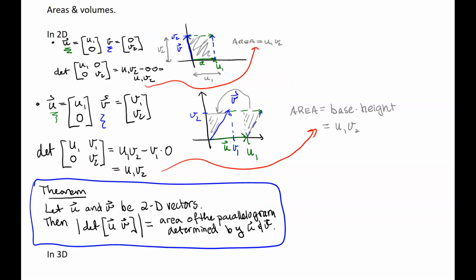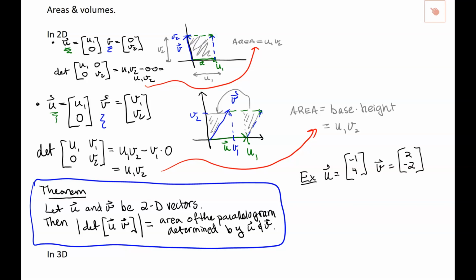And here it is. The theorem says that if we have 2 vectors in 2 dimensions and we consider them to be defining the sides of a parallelogram, then the area of that parallelogram is going to be the absolute value of the determinant of the matrix that has as its columns those 2 vectors. Let's see an example. So we'll have 2 vectors, u equal to (-1, 4), and v equal to (-2, 2).